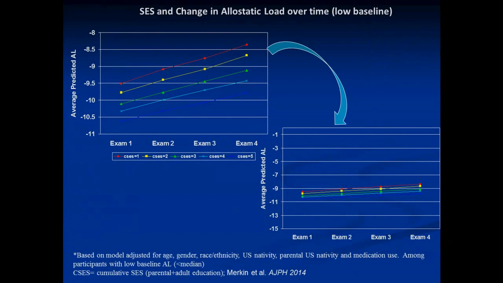The red indicates the lowest SES level, yellow is the next level, and green's the next level. What we see is that the steepest change across time, so getting worse across time, is for those in the lowest socioeconomic level, which is what we expected. You can't see this so well, but the red is steeper in terms of slope than the blue.